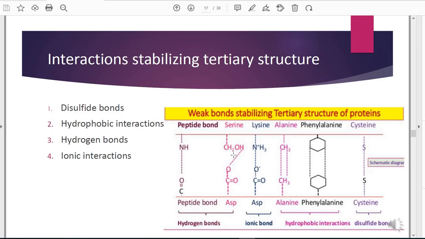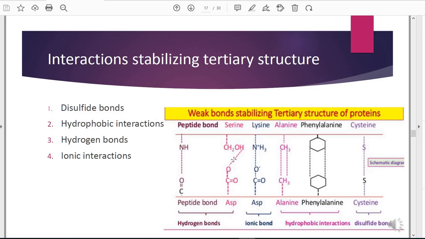There is another hydrogen bond can be formed between the hydroxyl hydrogen of the serine. It's one of the hydroxy amino acid, do you remember? and the oxygen of the carboxylic group of one of the carboxylic or acidic amino acid like aspartate.